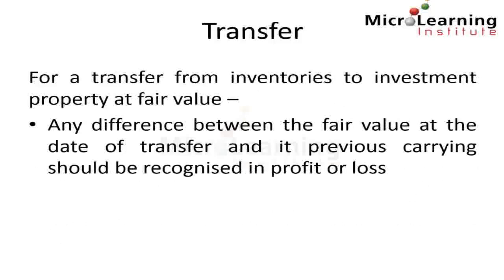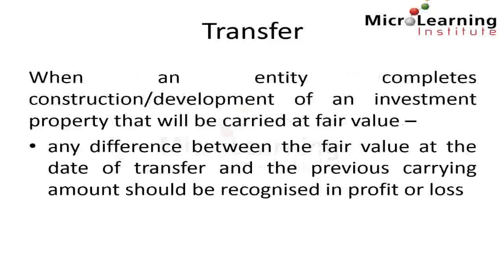For a transfer from inventories to investment property at fair value, any difference between the fair value at the date of transfer and its previous carrying amount should be recognized in profit and loss. When an entity completes construction or development of an investment property that will be carried at fair value, any difference between the fair value at the date of transfer and the previous carrying amount should be recognised in profit and loss.